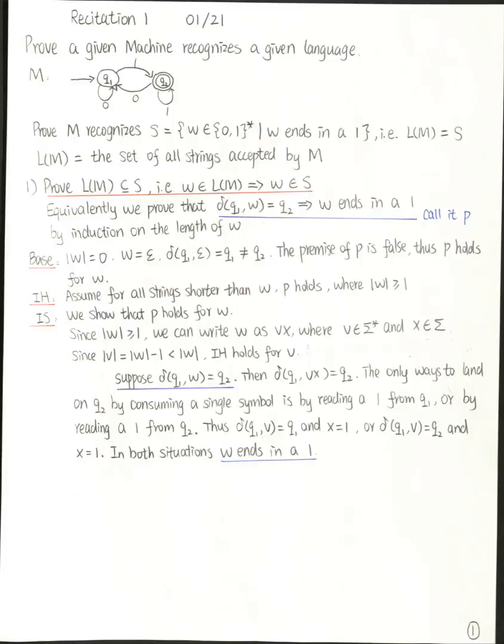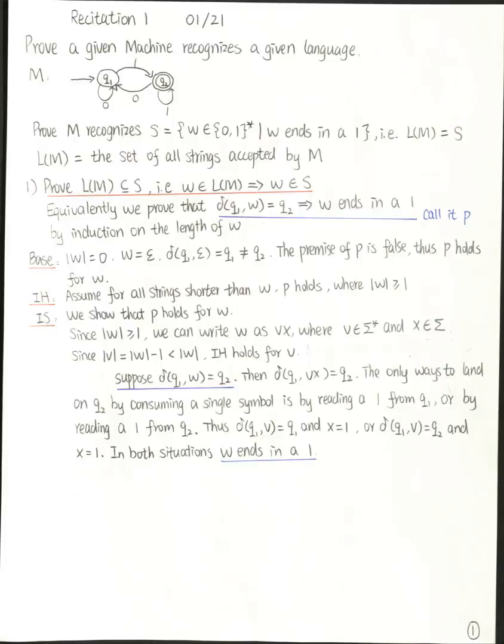That's the base case. Now for the inductive hypothesis. I assume for all strings shorter than this W, this P holds, where W is a string longer than empty string. Now with this hypothesis, I want to do the inductive step.